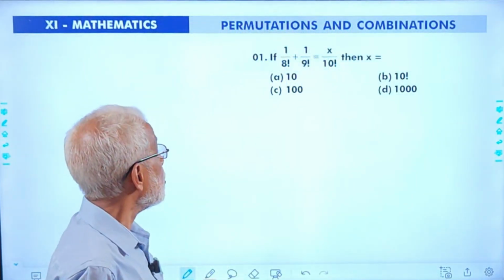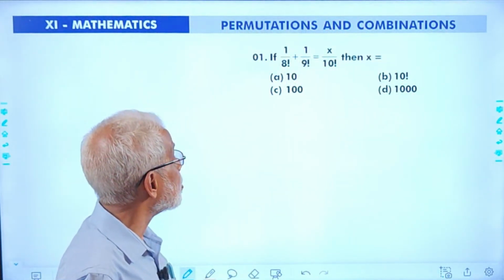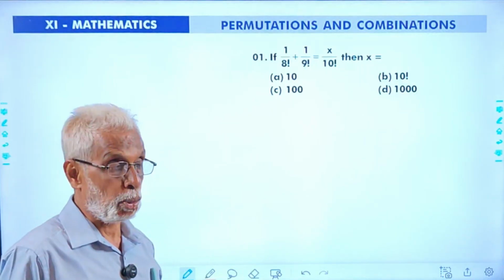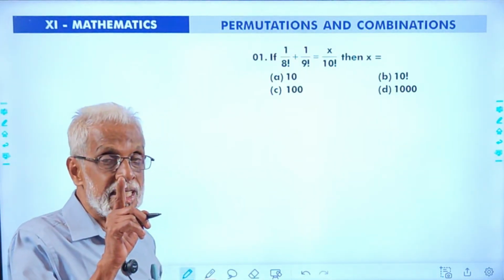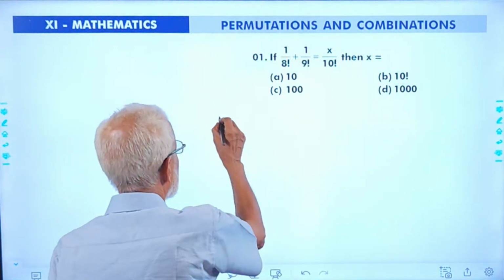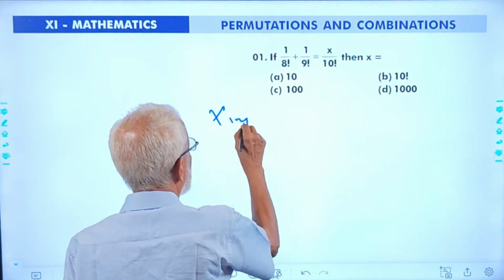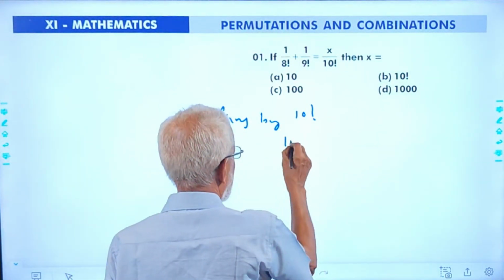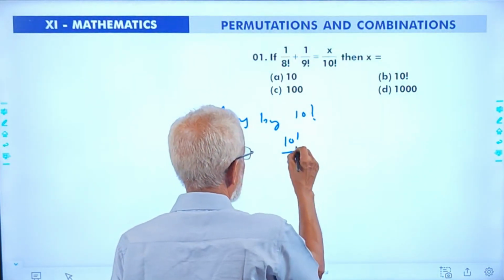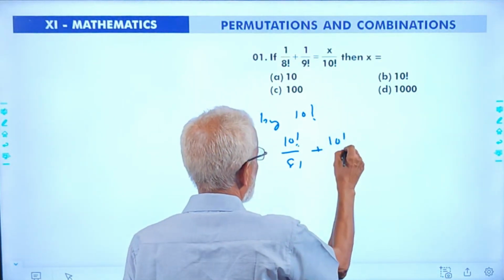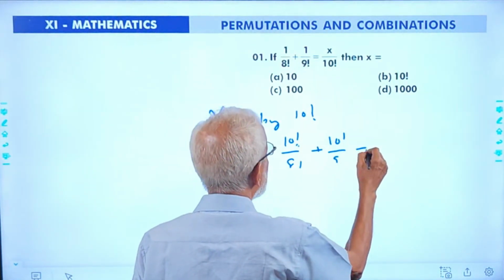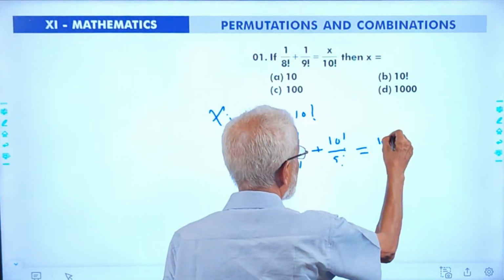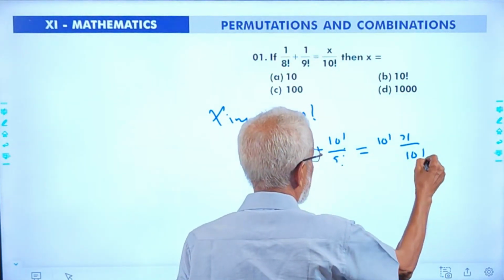First question: 1/8 factorial plus 1/9 factorial equals x by 10 factorial. We have to find the value of x. Multiplying by 10 factorial, 10 factorial by 8 factorial plus 10 factorial by 9 factorial equals 10 factorial into x by 10 factorial.